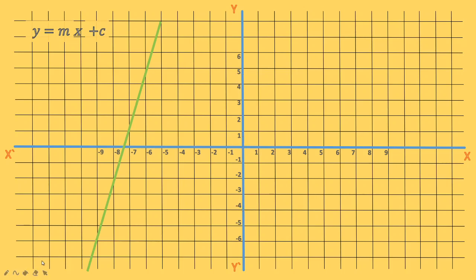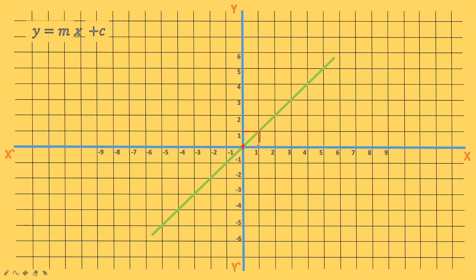Now in the previous case, the first case, when this was our line, we didn't need to have m and c, because slope is 1, because we saw y is equal to x, so slope is 1, and c, the y-intercept, was 0. So you see that our c was 0 and our m was 1. So in that case, our equation of the line was y is equal to x.